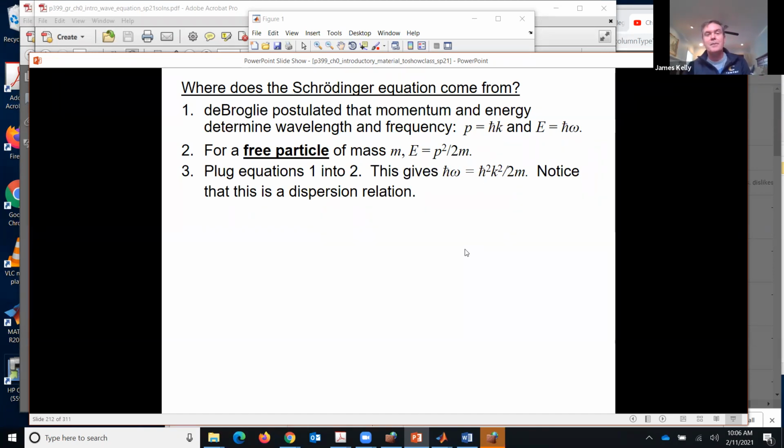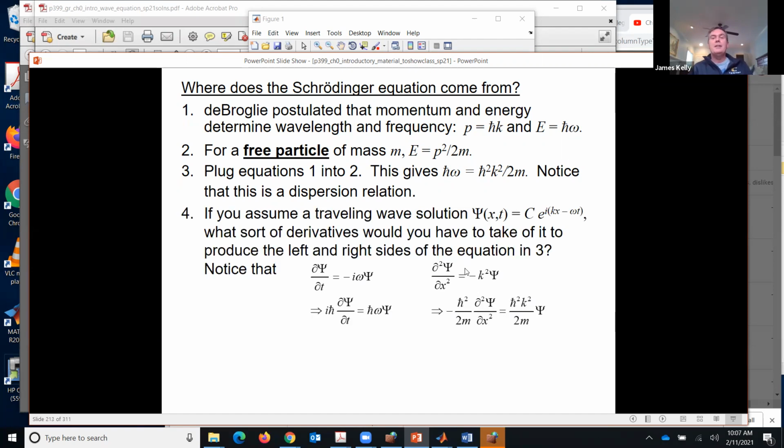wave solutions to something. So we started out earlier with a wave equation, and determined what the dispersion relation was. Here, Schrodinger has a dispersion relation, and he wants to go backward and say, well, what kind of wave equation could this have come from?